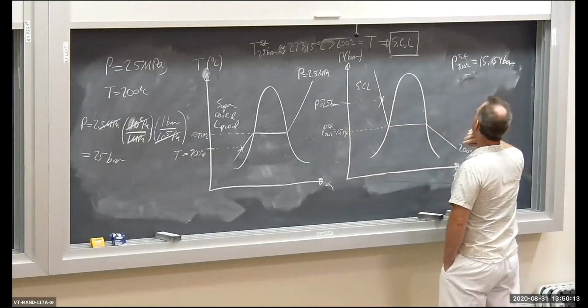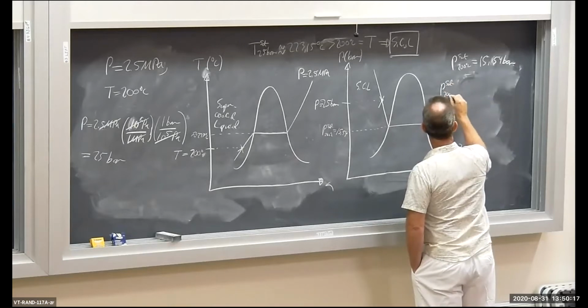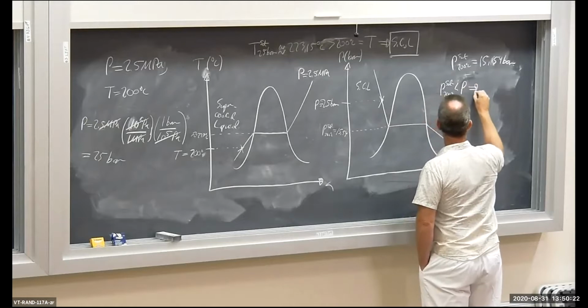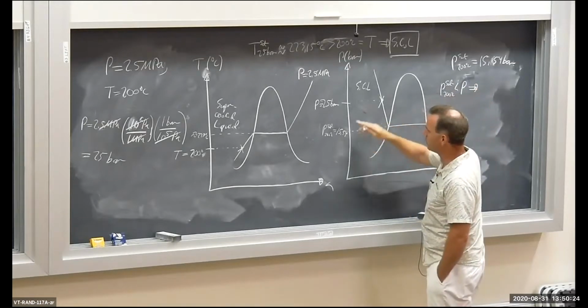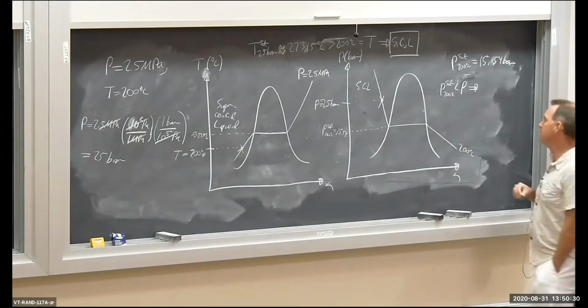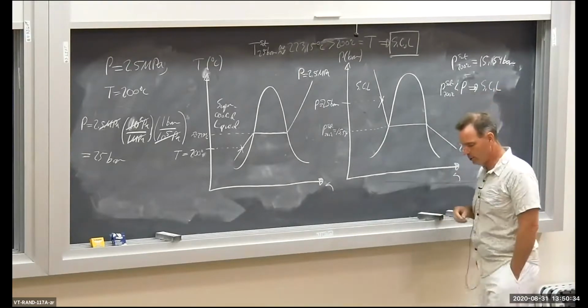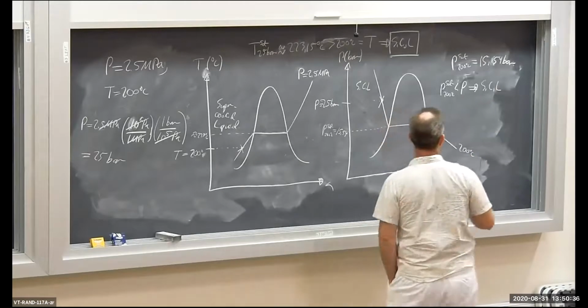Psat at 200 degrees C is less than P. Our boiling pressure is less than 25 bar, so we're compressing it. So we have a supercooled or compressed liquid. Okay?